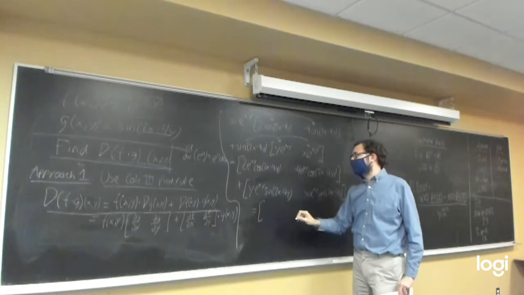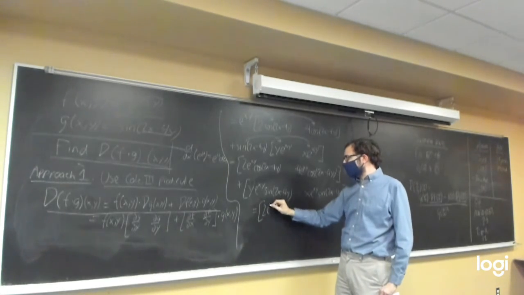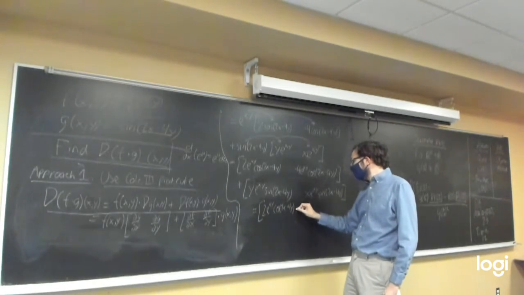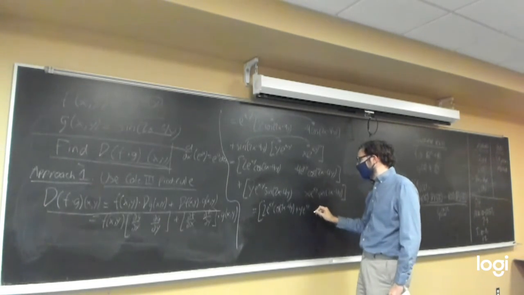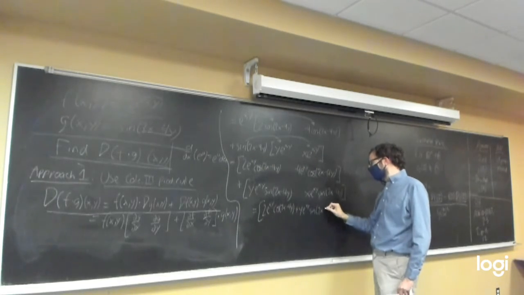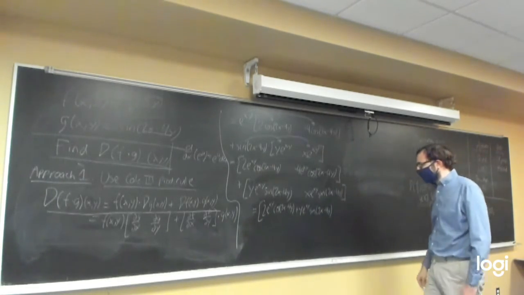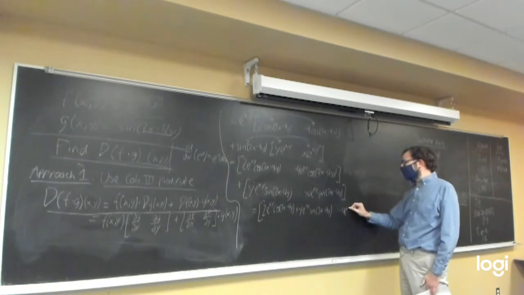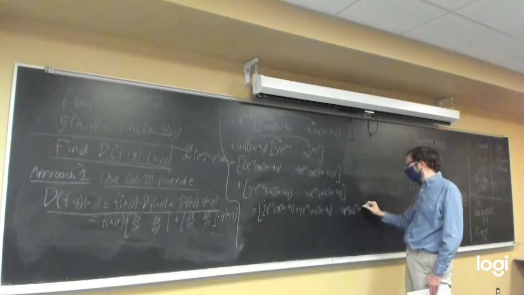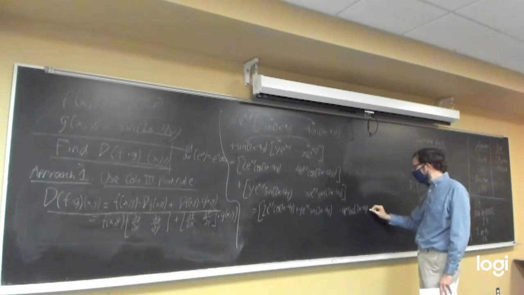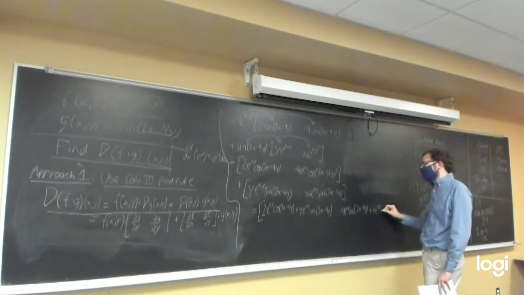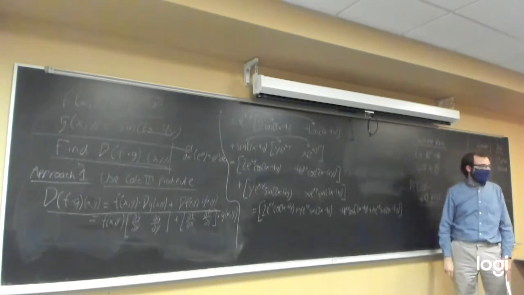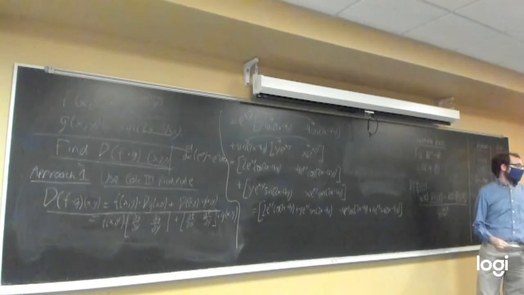When we add the first components, we'll get 2e to the xy cosine of 2x minus 4y plus y e to the xy sine of 2x minus 4y. Then negative 4 e to the xy cosine of 2x minus 4y plus x e to the xy sine of 2x minus 4y. And that is going to be our final answer.